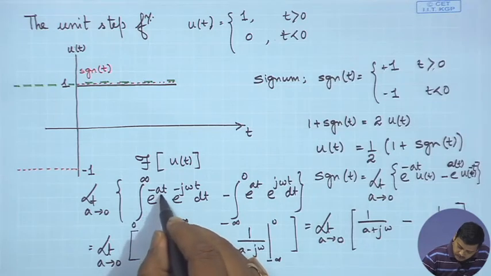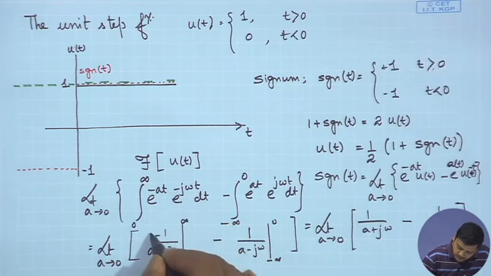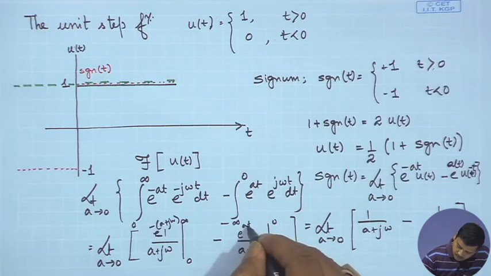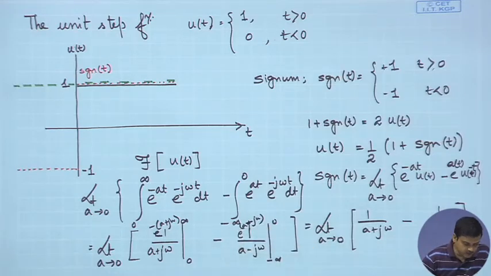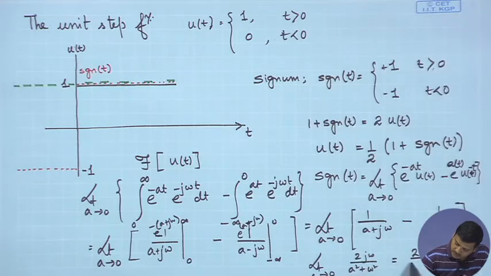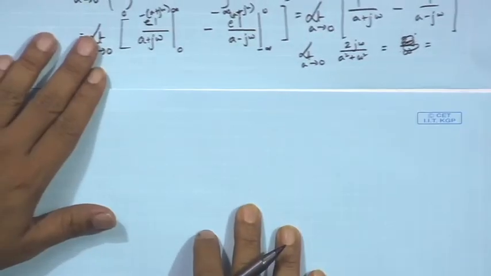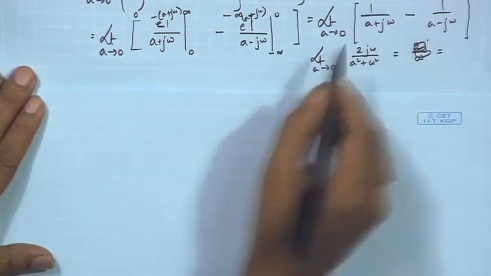If you put in the values, that works out to limit a tends to 0 of 2 j omega upon a squared plus omega squared, which works out to be 2 upon j omega, because a is equal to 0. Let's work this out.